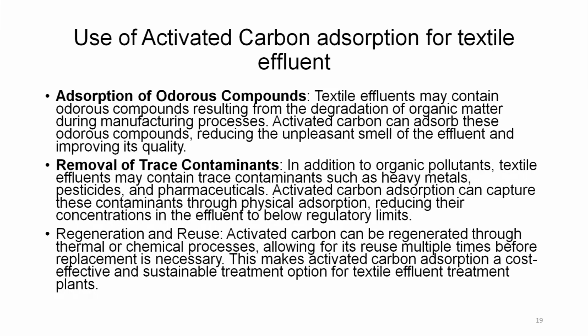Regeneration and reuse. Activated carbon can be regenerated through thermal or chemical processes, allowing for its reuse multiple times before replacement is necessary. This makes activated carbon adsorption a cost-effective and sustainable treatment option for textile effluent treatment plants.